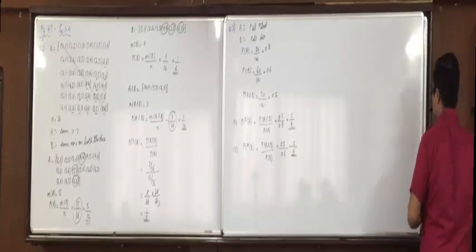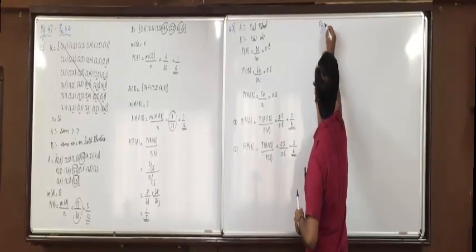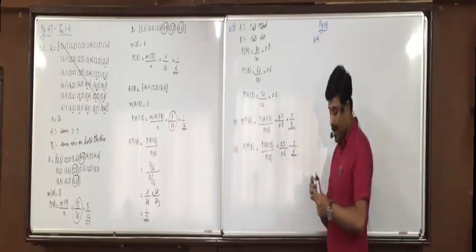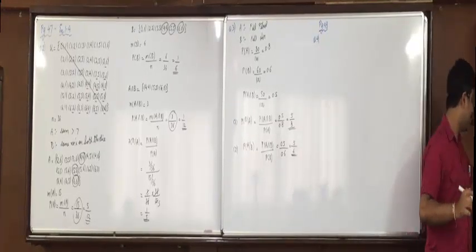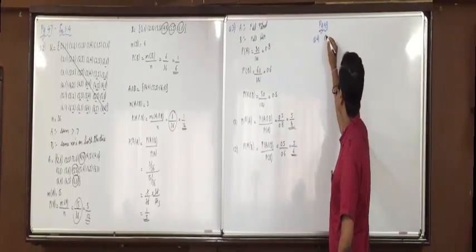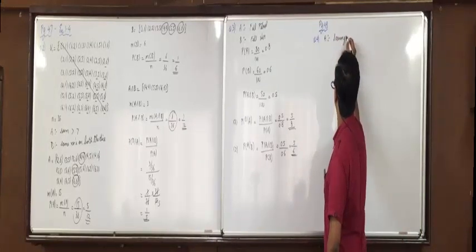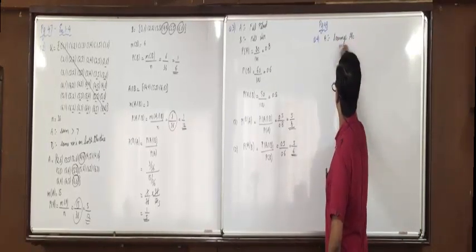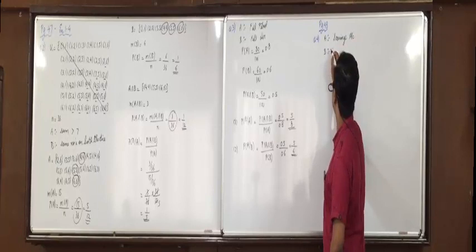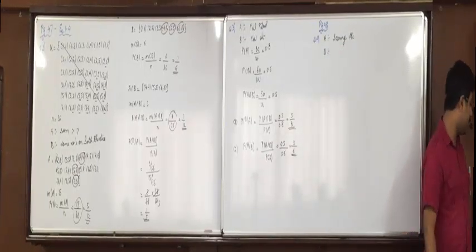So now, question 4, page number 48. Let event A be the event that a customer holds a savings account in a nationalized bank.